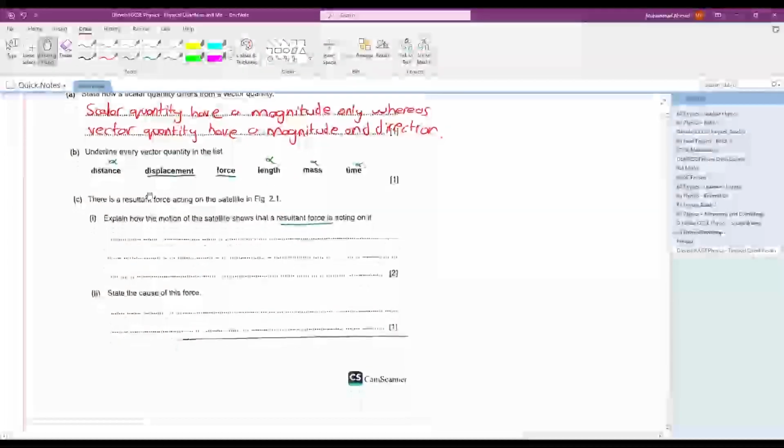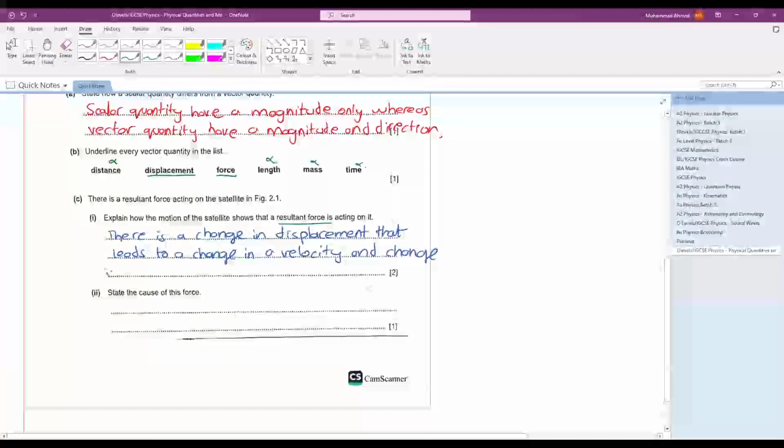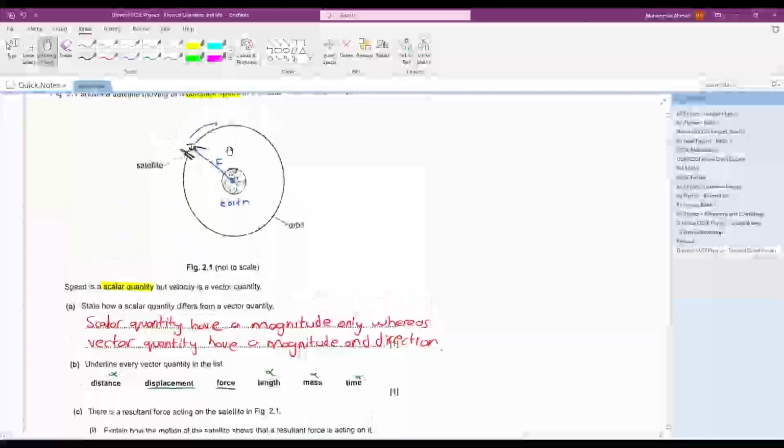So there is a change in displacement that leads to a change in velocity, and change in velocity causes acceleration. Simple as that.